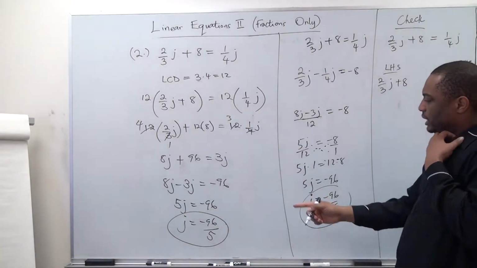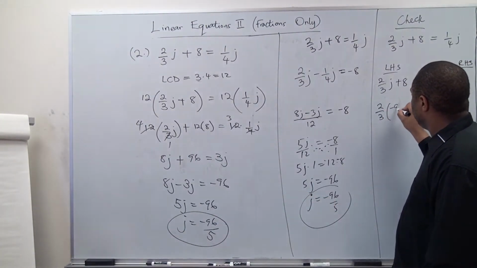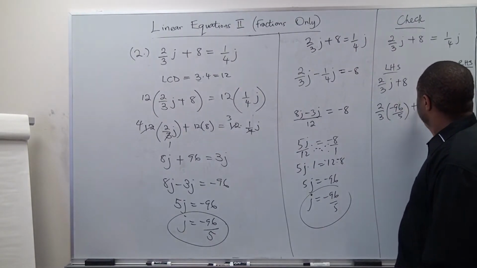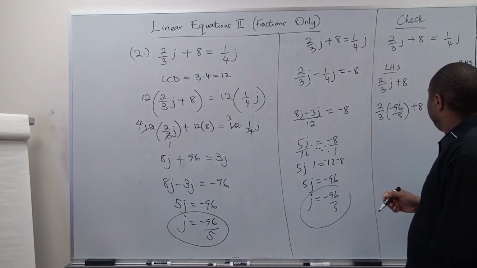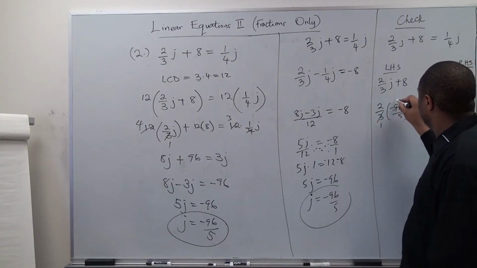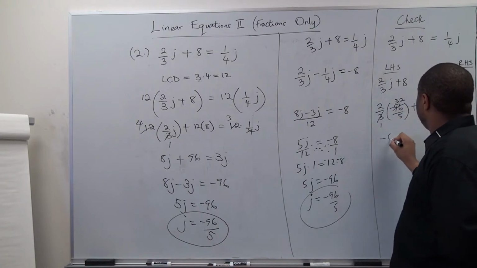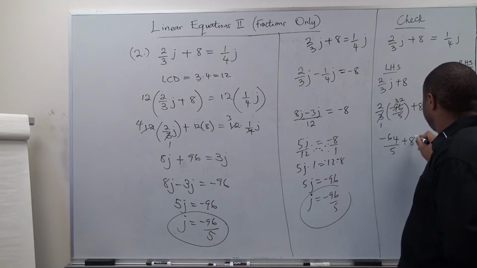And our j is negative 96 over 5. So this is 2 over 3 times negative 96 over 5 plus 8. So, I guess we can cross out. 3 into here will be 1. 3 into here will be 32. And that is negative 64 over 5 plus 8.